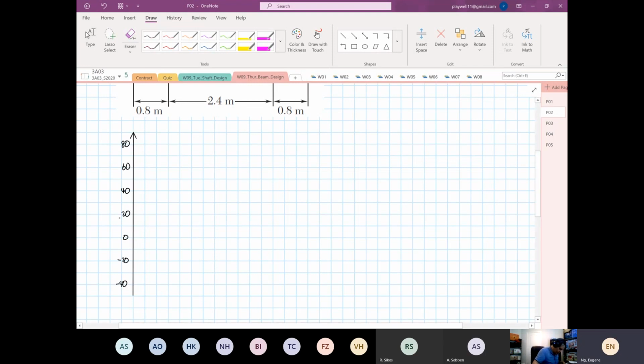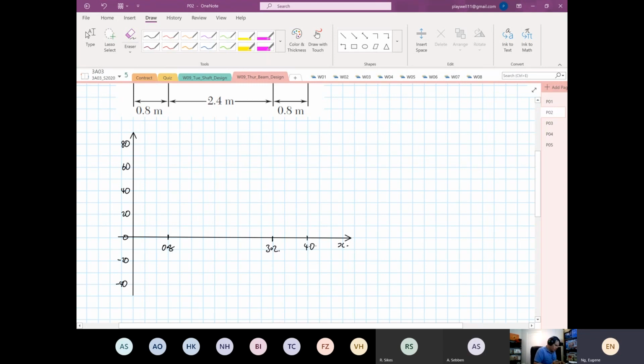And then we're going to have our 0 line. So this is our x. At this point down here, this is our 0.8. At this point down here, 0.8 plus 2.4 is equal to 3.2. And over here is our 4.